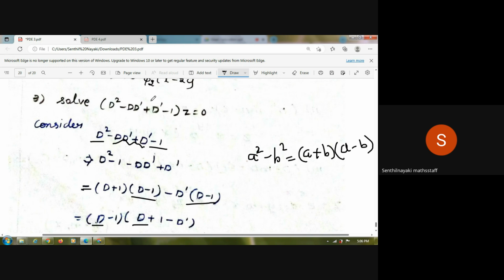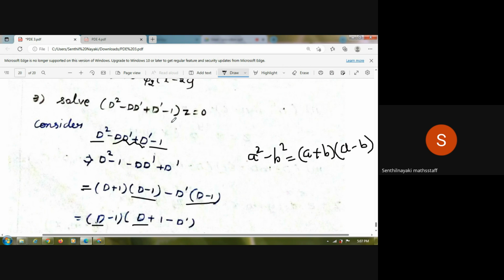After that, we can write the characteristic equation with the help of the A, B, C values. By finding the solution for that characteristic equation, we can find out the characteristic curves also.